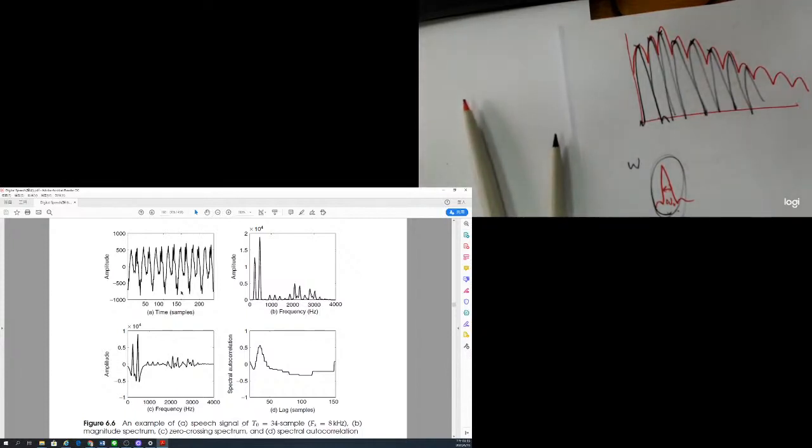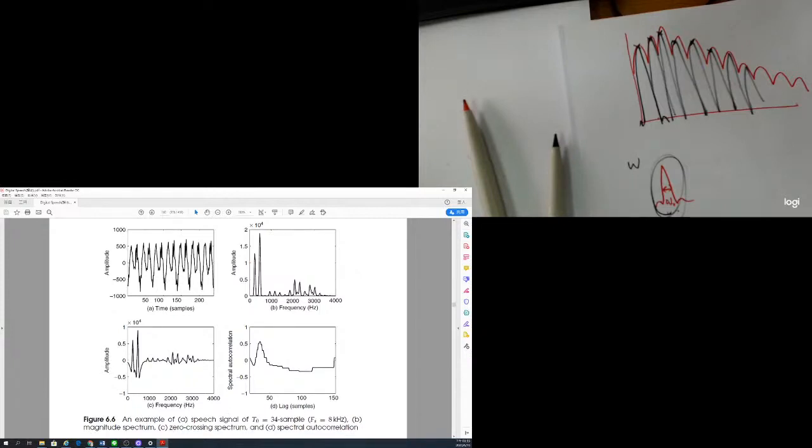A is the original waveform. We have so many samples, but we consider 34. The pitch is 34 samples.